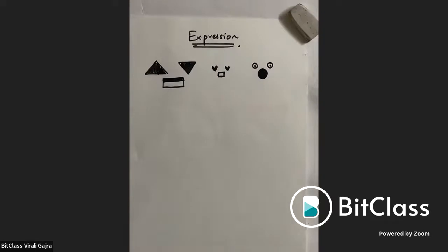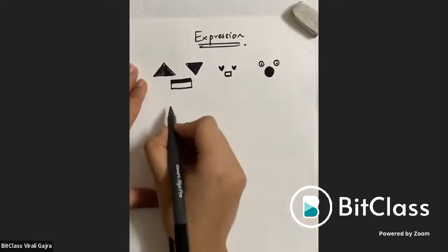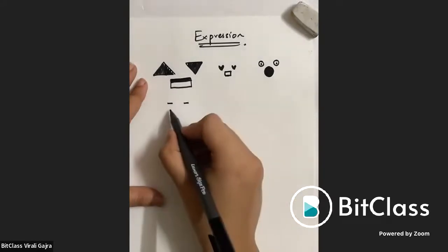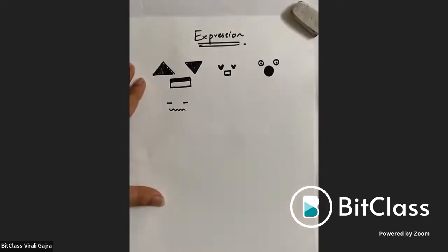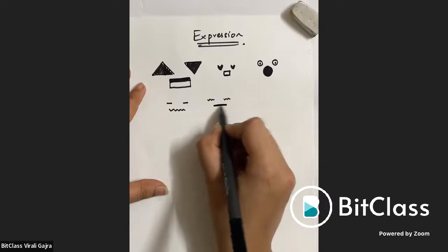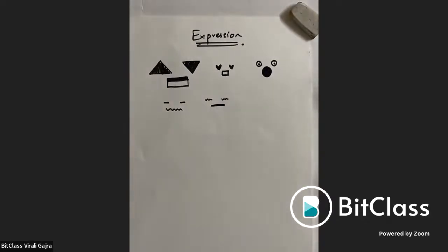So I made this expression just by using one single shape and by changing the size of that shape. Okay. Not only this, guys, you can also make your expression just by using lines and curves. I'll show you how. You can just make two sleeping lines over there for eyes and curves over there for the mouth. Or else you can maybe do vice versa. Two small curves over there for eyes and a thick sleeping line over there for the mouth.